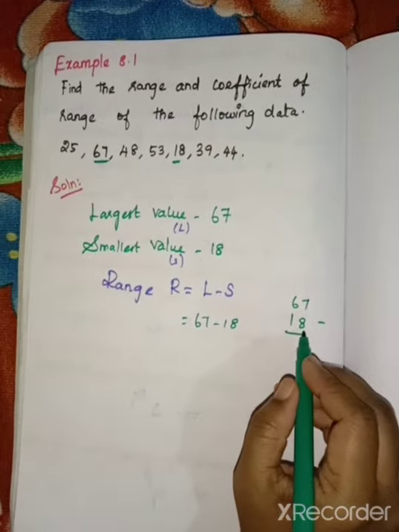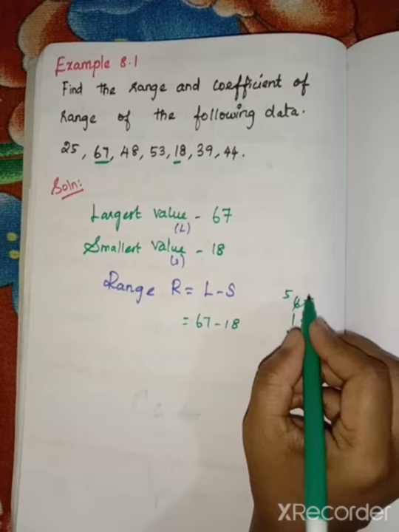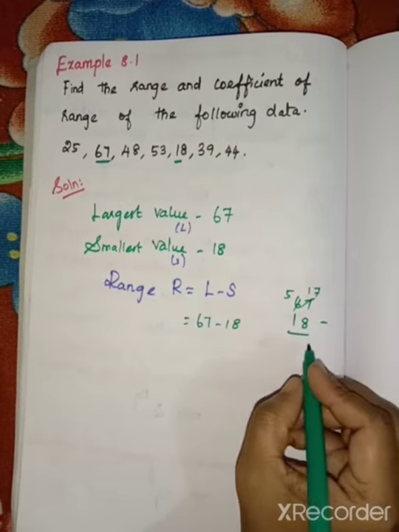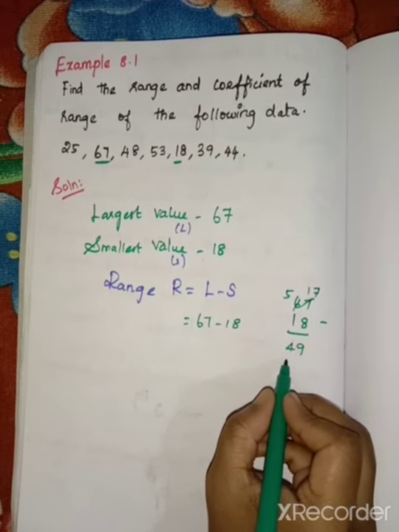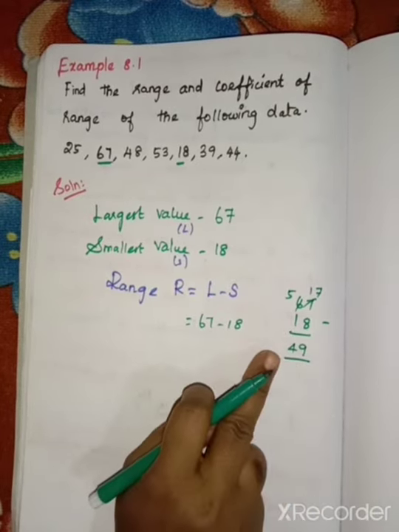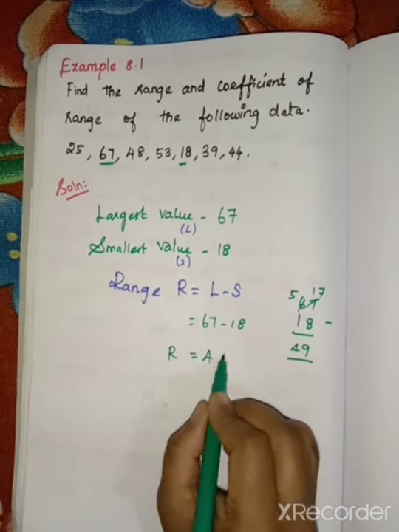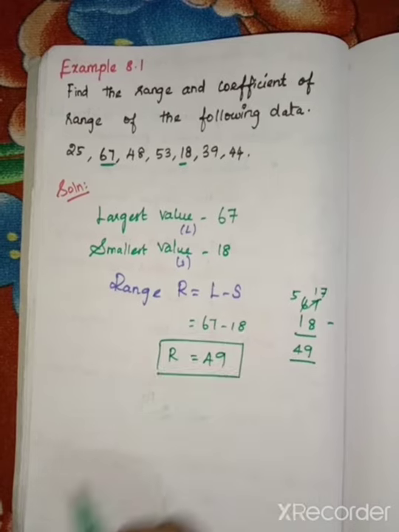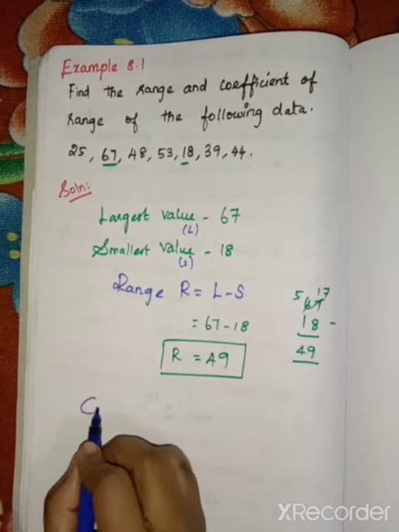So 7 minus 8 is not possible, so borrow from the 6, making it 17. 17 minus 8 gives 9. Then 5 minus 1 gives 4. Since 67 is the bigger one, it is considered positive. So range R equals 49. Then we want to find the coefficient of range.